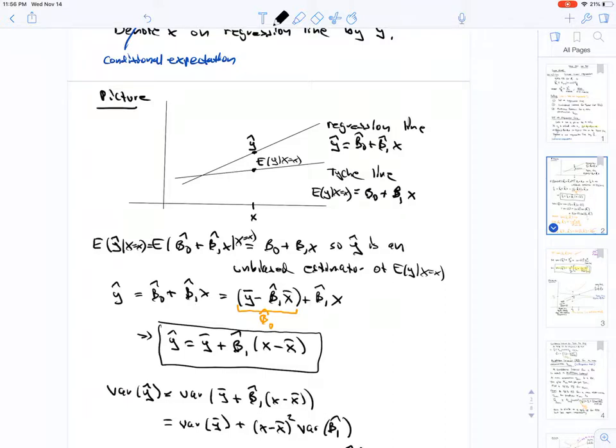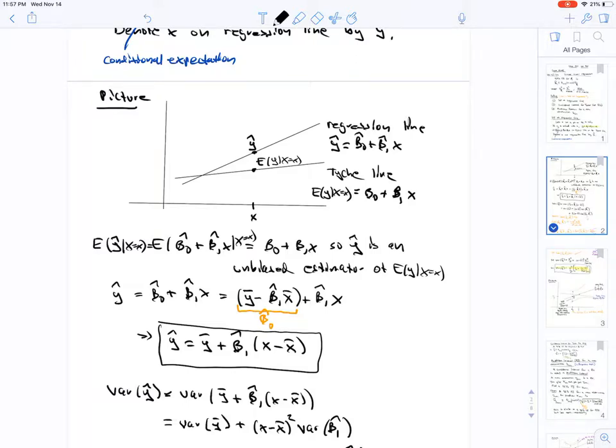So we get the result that y hat is an unbiased estimator of the conditional expectation of y given x is x. Well, technically I should say y hat conditioned on x is x.